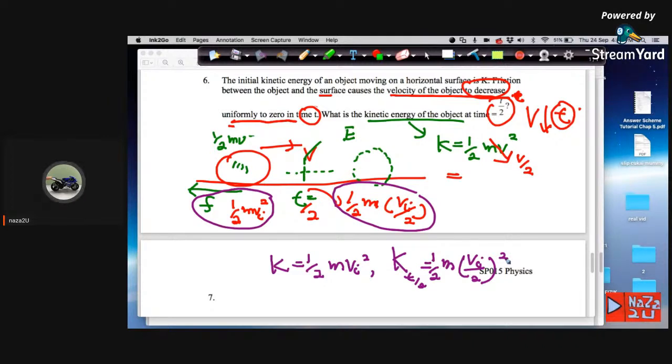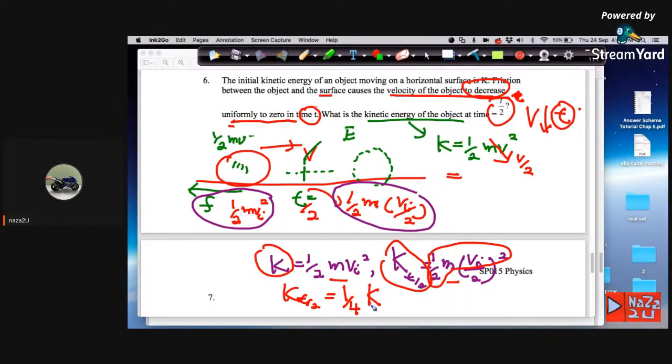So to see the relation between K initial and K at half of T, we use these two equations. Half m vi square is equal to K. So the kinetic energy at half time is one over two squared, meaning one over 4 of K initial, so it is 1 over 4K. That is the relation between K initial and K final.